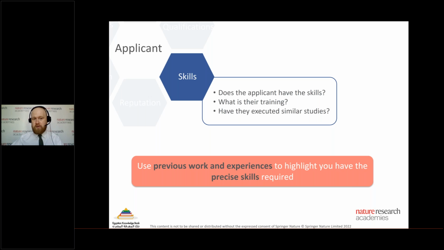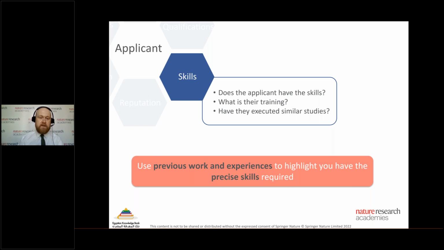Do you have previous experience of using the methods and techniques within the proposal? So they'll simply be asking, does the applicant have the skills? What is their training? Where have they worked previously? What other previous projects have they conducted where they've been able to demonstrate these skills?